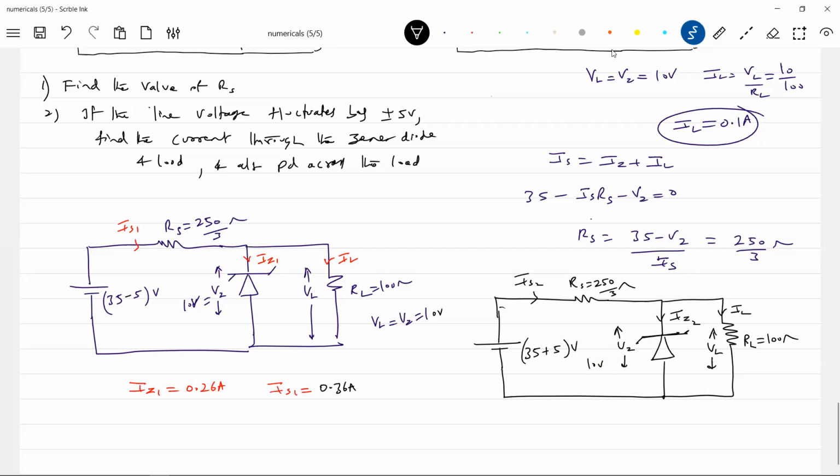The first one is only 35 plus 5, sir. Voltage will increase, IS1 will increase now. Okay, let everyone conclude.